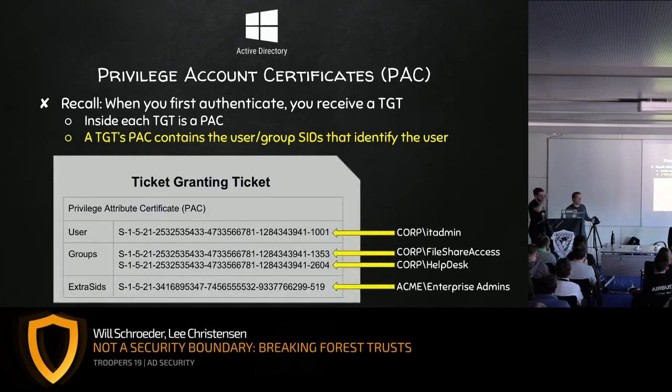A different way of looking at this is you have your TGT, and then you have the PAC on the inside containing various fields. You have a field that identifies the user itself, by their SID. You have different groups that user may belong to. And then there's this extra SIDs field that we'll dive into in just a little bit.